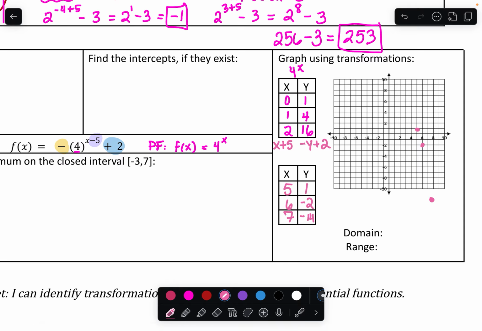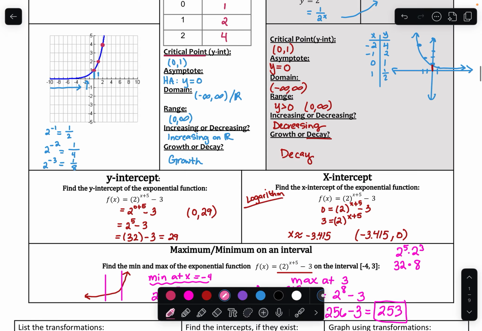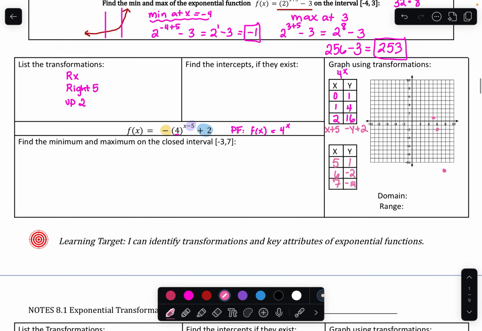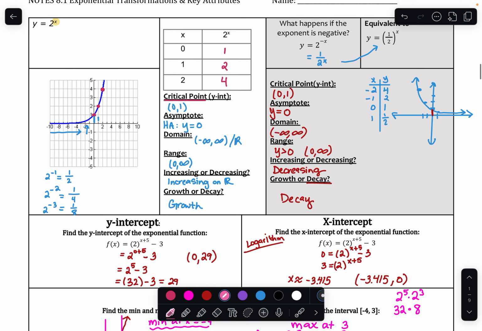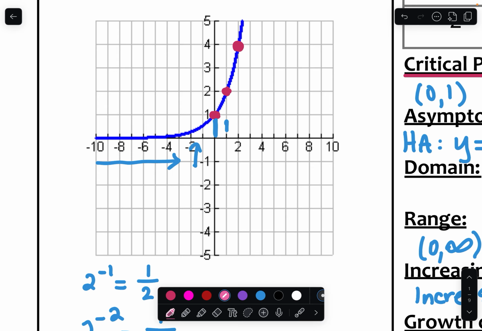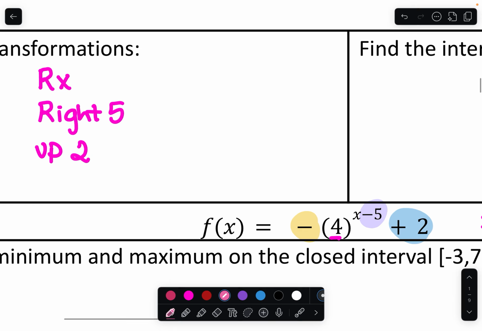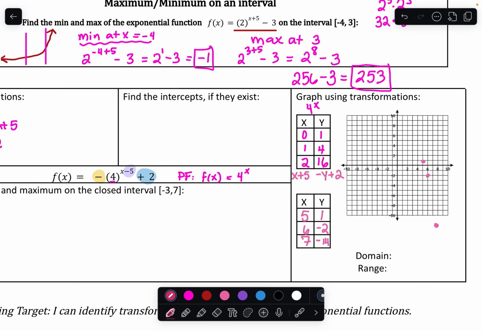Okay. Now you'll notice the difference between this one and this one here is I don't have a clear picture of what's happening above these 3 points. So let's think through this. If we normally have a horizontal asymptote on the parent functions at y equals 0, if we are shifting up 2, that is going to shift the horizontal asymptote also up 2.